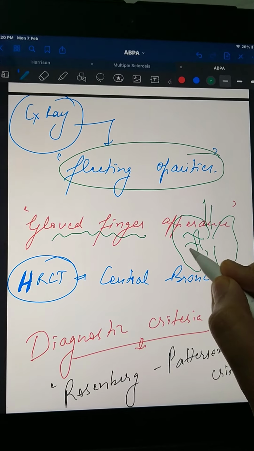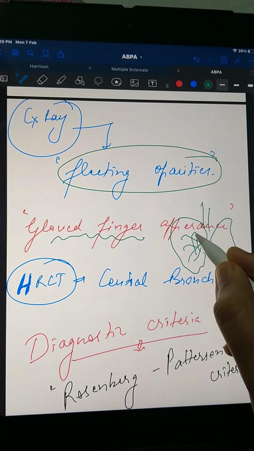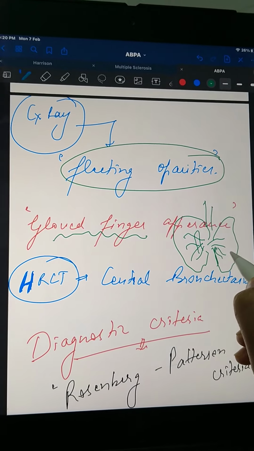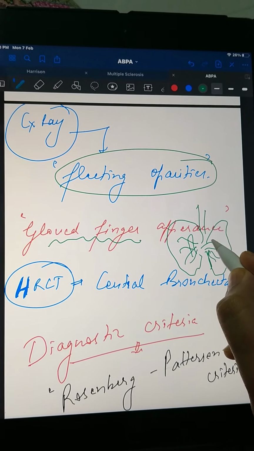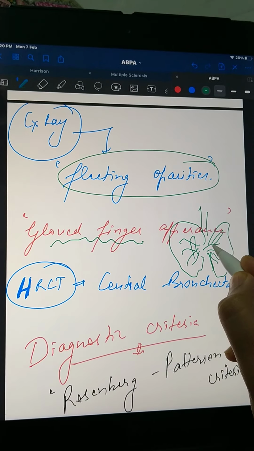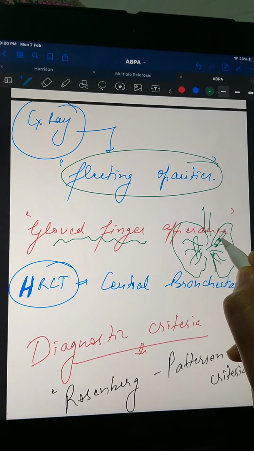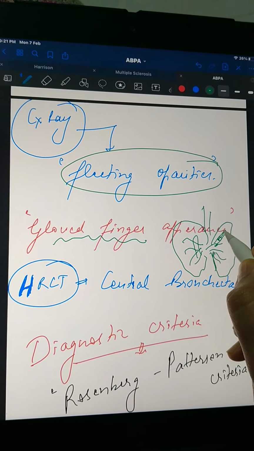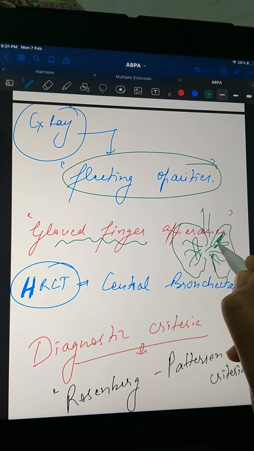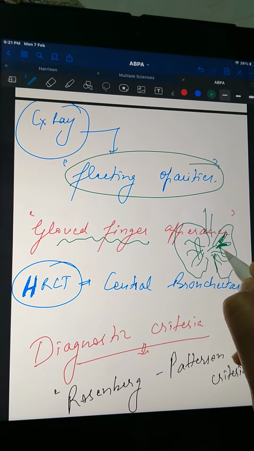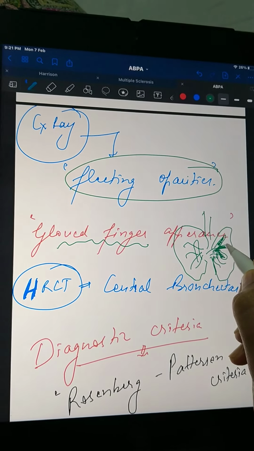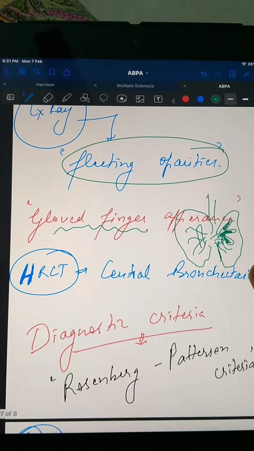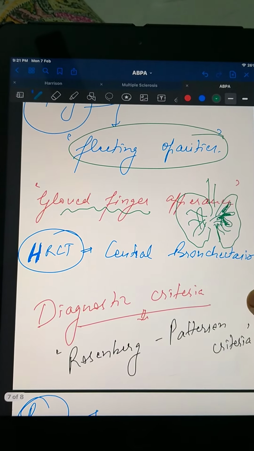These are the main bronchi, and these divide into bronchioles and further on. So this is the airway, and there will be mucus plugging here, here and here, so this will appear like a gloved finger shadow. This is just due to mucus plugging of the bronchioles or the airways.